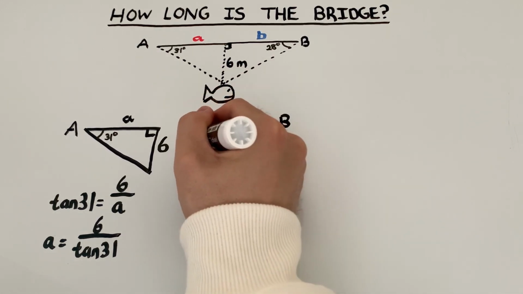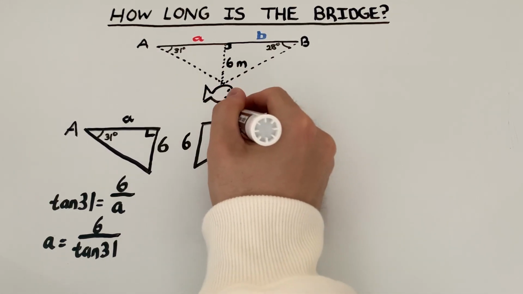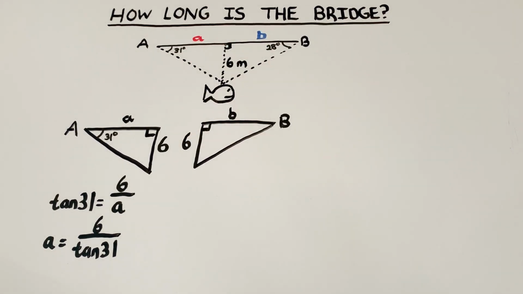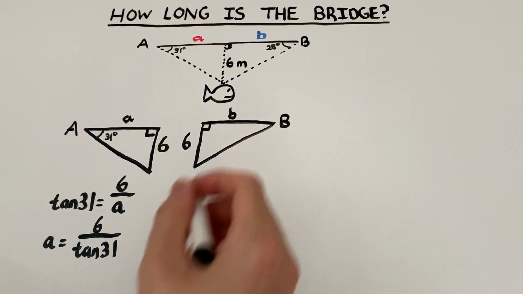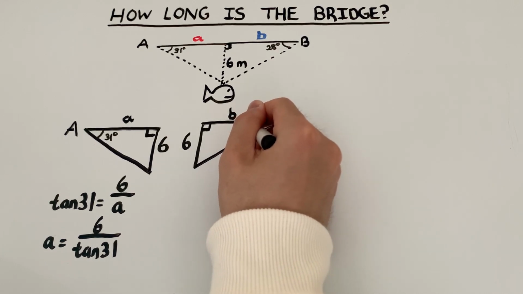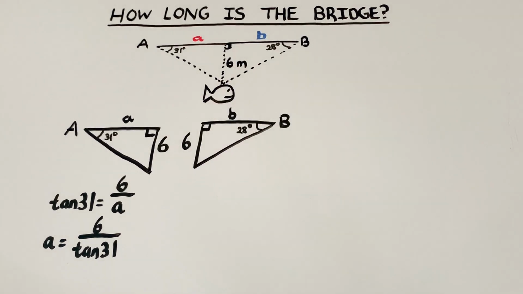So this is still 6, this is labeled B, this is right angled, and then the angle is 28 this time. But we still have the same logic.